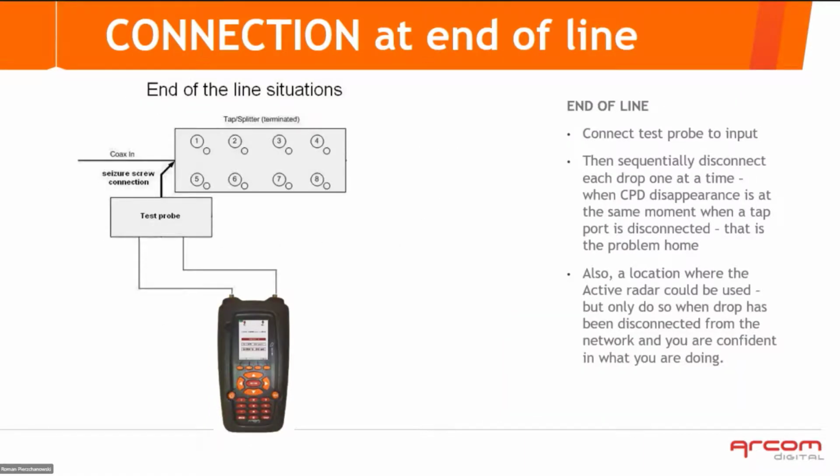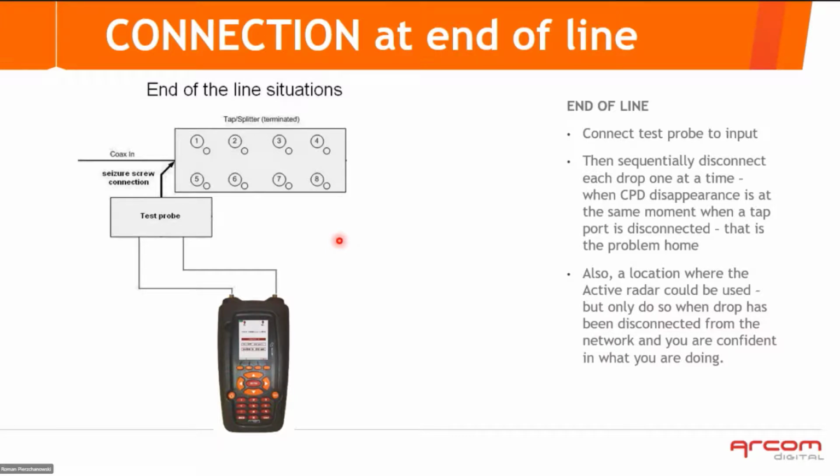End of the line. If you find yourself at the end of the line and you are seeing some CPD, this means that there is something wrong. The signal level of the forward is typically too low at the tap output to trigger the CPD source to generate that noise.